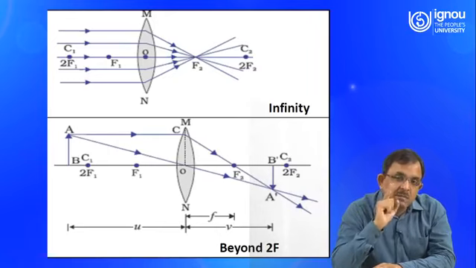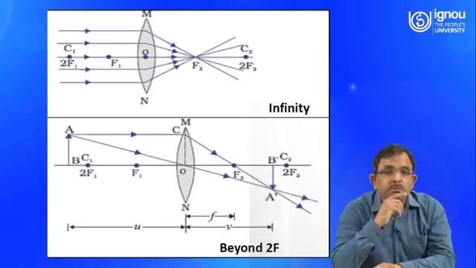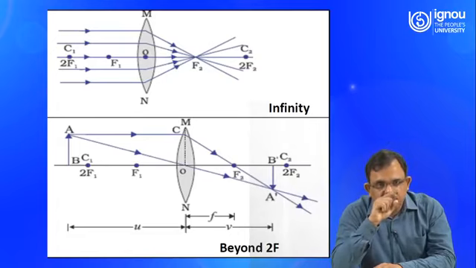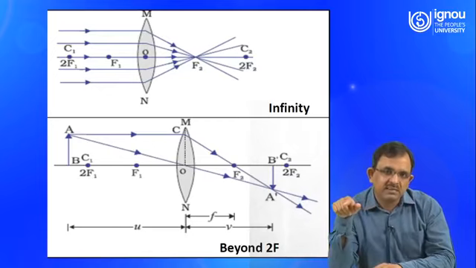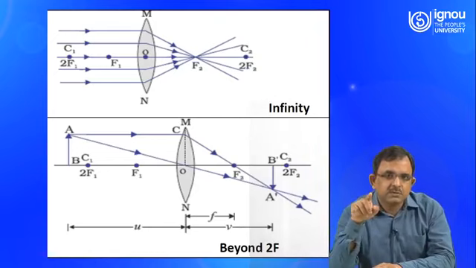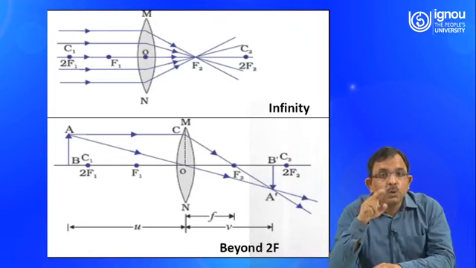But if an object is between infinity and 2f, then you can see that one ray coming from the top of the object passes through the optical center, and the one ray which is coming parallel to the principal axis passes through the focus. Both are meeting where? They are meeting between 2f and f.